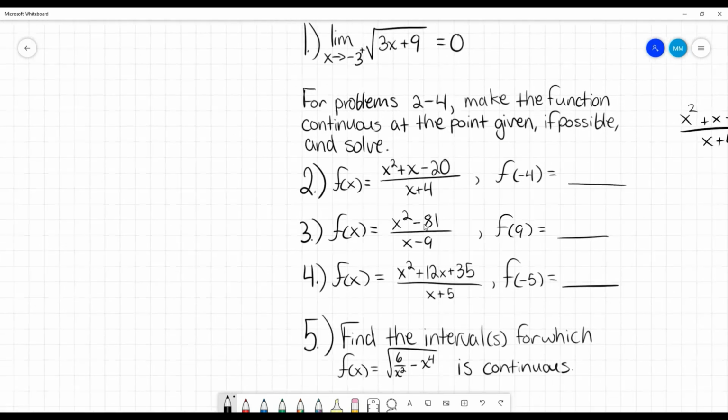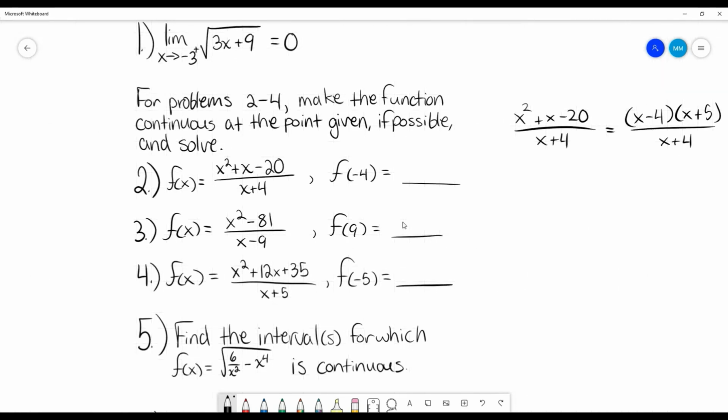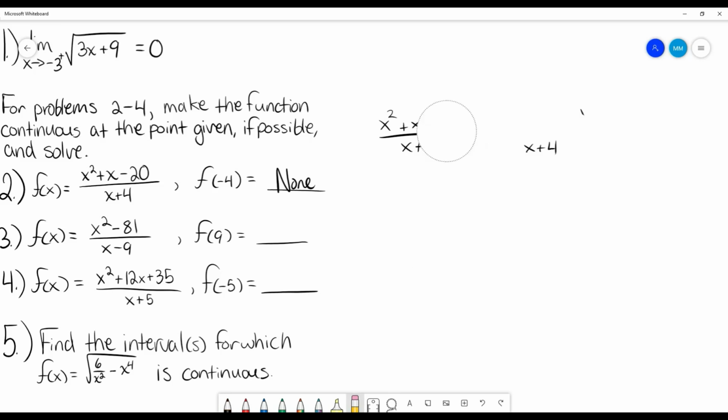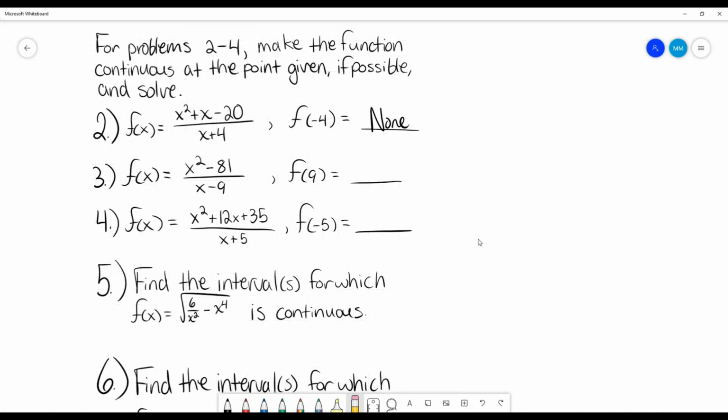It is not possible. There's nothing that we can do there. There's no value at this point. So we're going to go ahead and put none because this does not have a value. If we were to graph that, or write it in our calculators, it would probably give us a domain error or say that it's undefined.